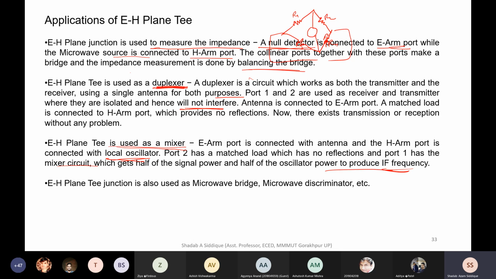Then we will see the microwave waveguide corner, bend and twists, and then we will see the directional coupler. So that will be there.